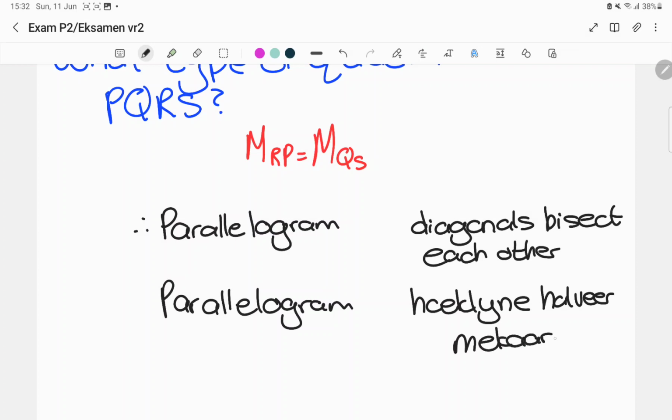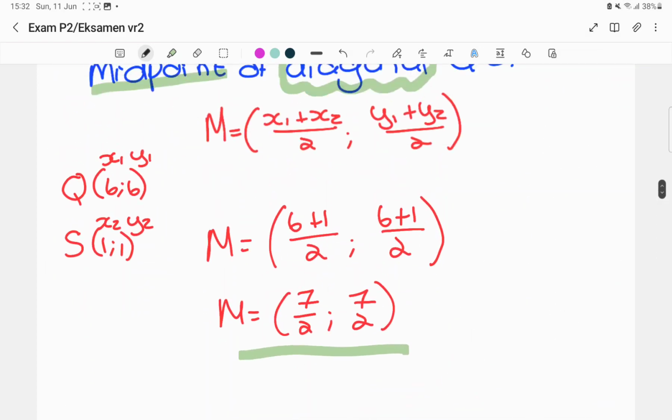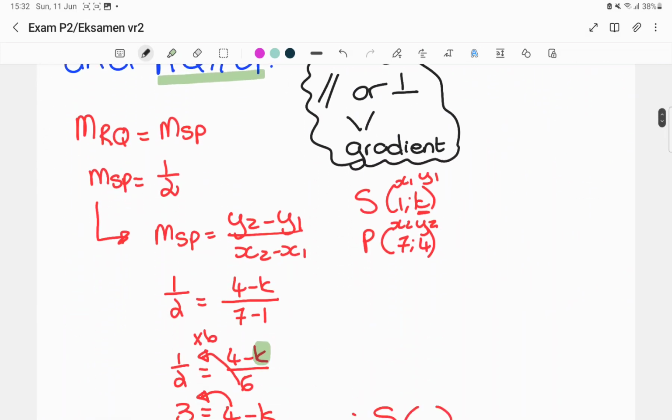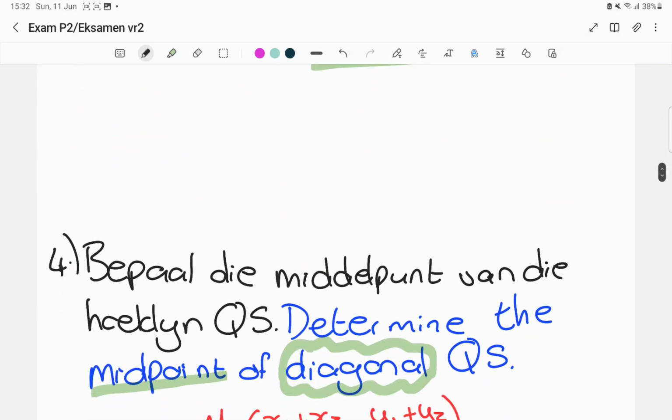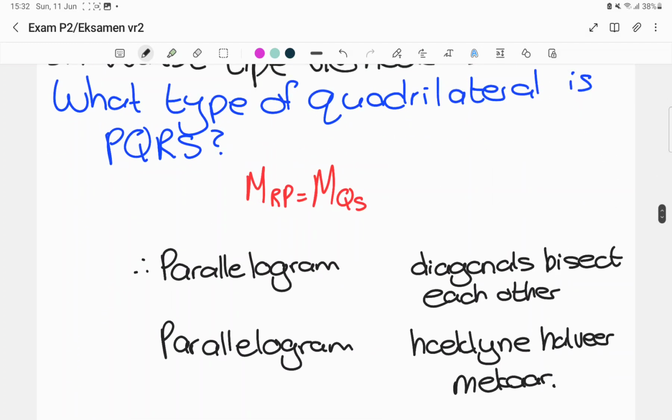So when a question asks you what type of quadrilateral do you have, wat 'n tipe vierhoek het jy, you always look at what did you calculate previously. So we calculated the gradient, which helped, alright, and we also calculated the midpoint. And we saw something interesting with my midpoint, so that is what I'm going to use.